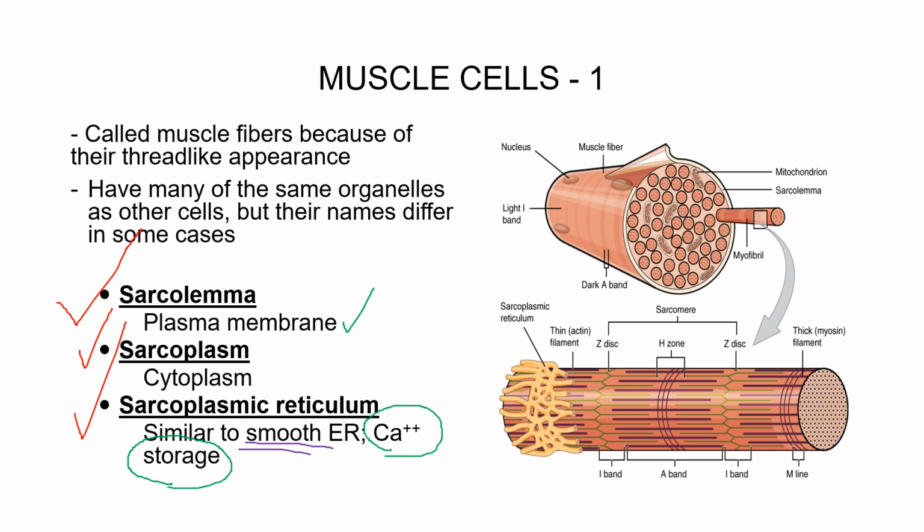The main function, the main purpose of the sarcoplasmic reticulum is to store calcium. Store calcium. Very, very important. If you go back to Chapter 6, when we talked about skeletal tissue and the homeostatic regulation, the negative feedback loop with calcium, we were talking about calcitonin from the thyroid gland and parathyroid hormone from the parathyroid gland.